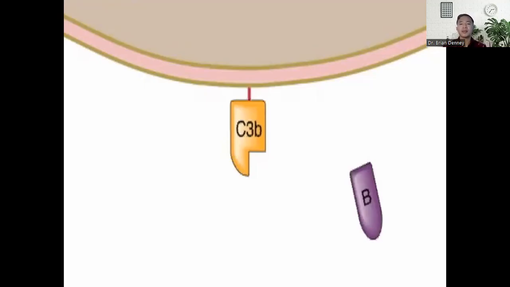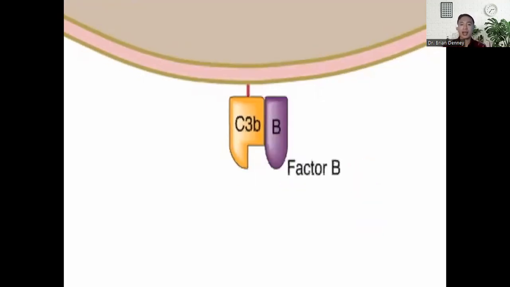Your factor B now is bound to your C3b, forming the C3b factor B complex. Is that active? No. Why? Factor B bound to C3b must be cleaved by another protein for it to become activated.